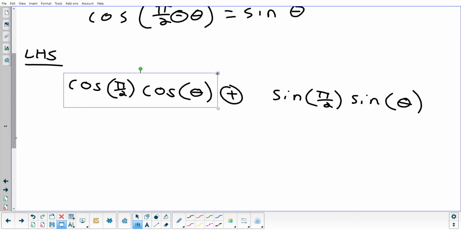What's the formula for cosine on the unit circle? Once you know the coordinate, it's the what value? Well, once you know the coordinate, what part of the coordinate is your cosine? Remember, tangent is y over x.